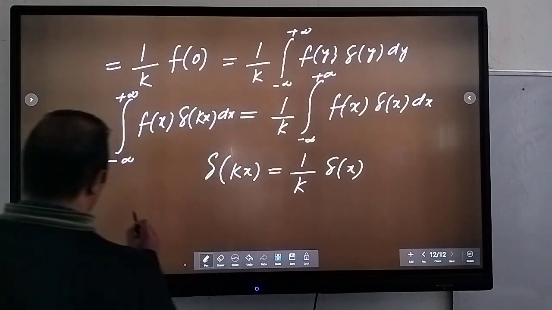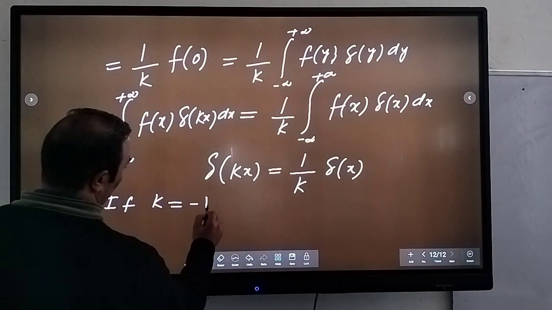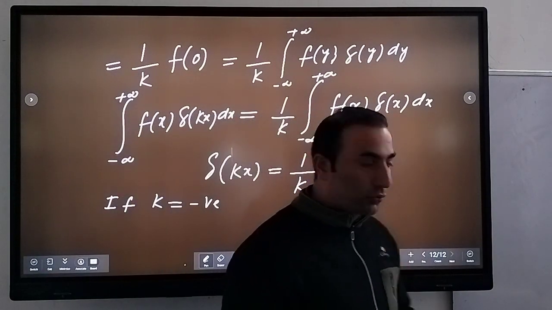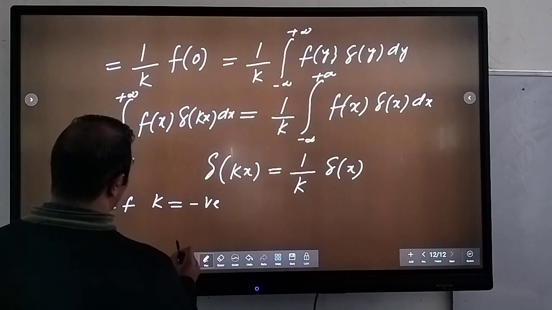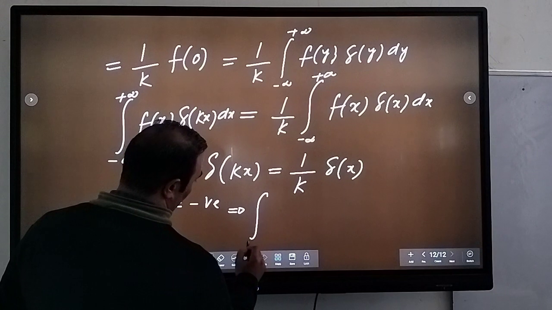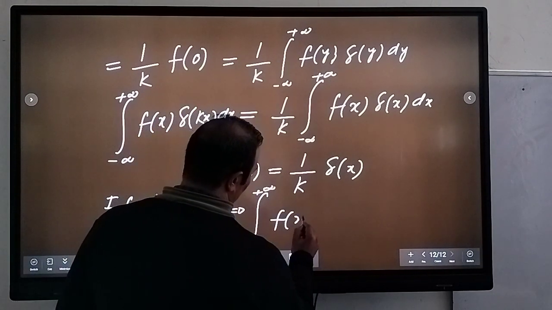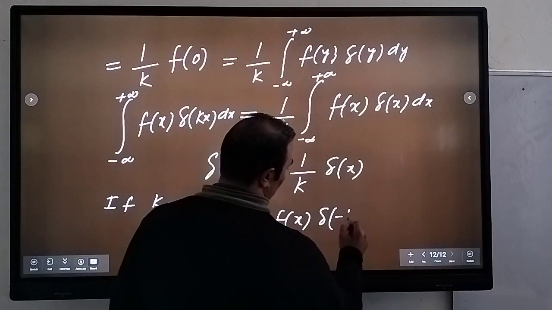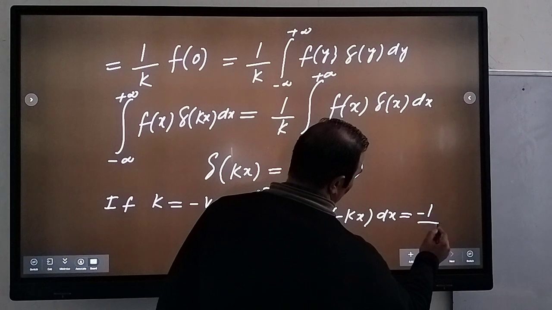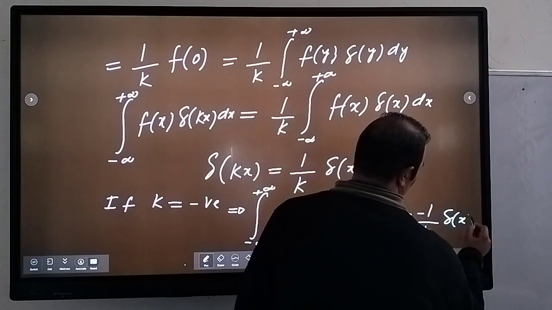Now instead of that, if k is negative, using the same procedure, again our integral will be equal to, we can have this integral, limit from minus infinity to plus infinity, f of x delta of minus kx dx, so that's equal to minus 1 by k delta, right?